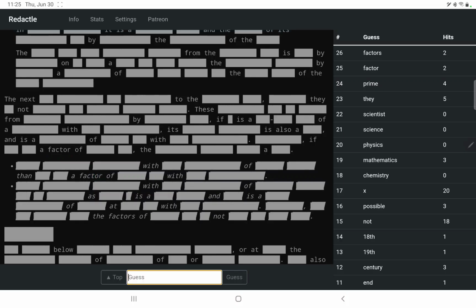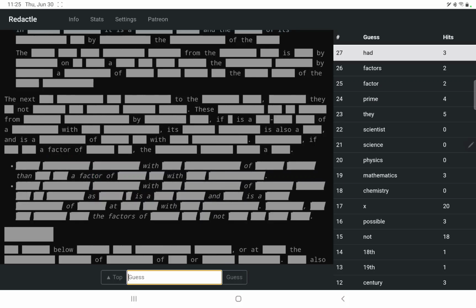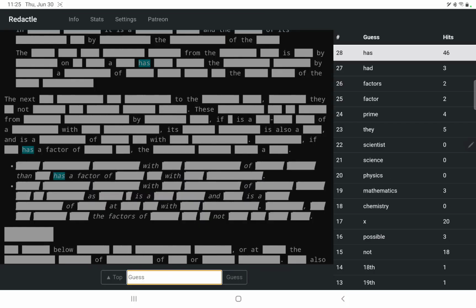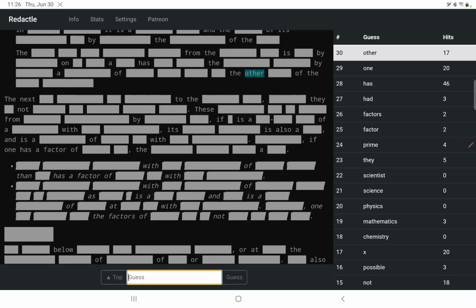Let's try was, had, has. Okay. If one has a factor of something, well, would we have other? Let's try formula. 5 formulas.